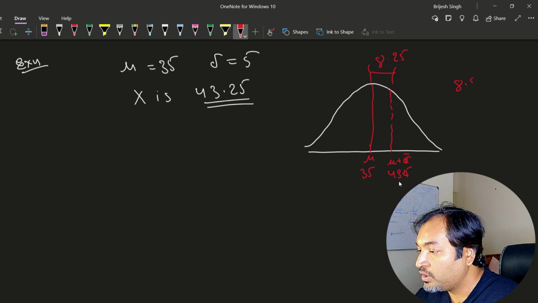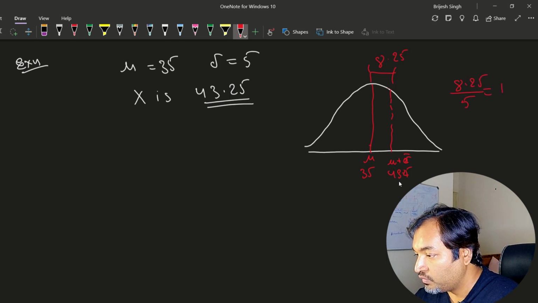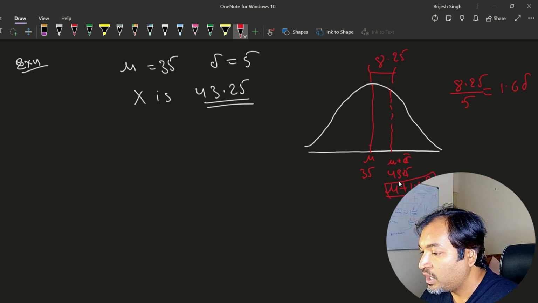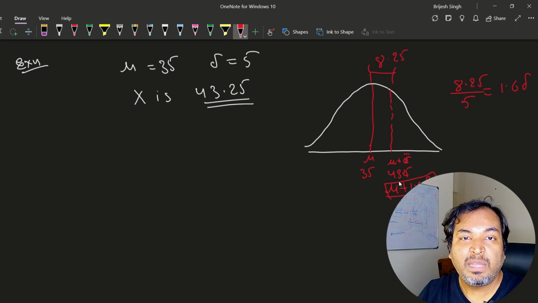So 8.25 divided by 5, we get 1.6 standard deviations. So we can also say we are mu plus 1.6 standard deviations away from the mean.